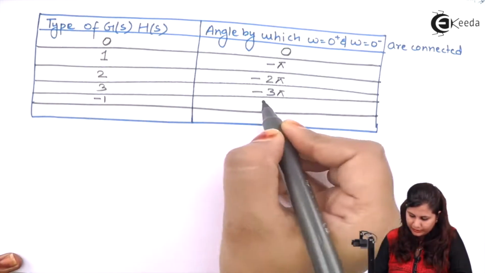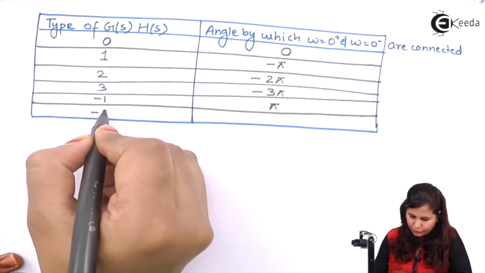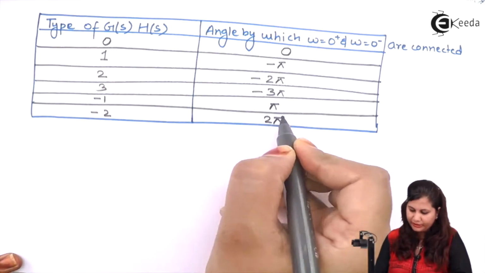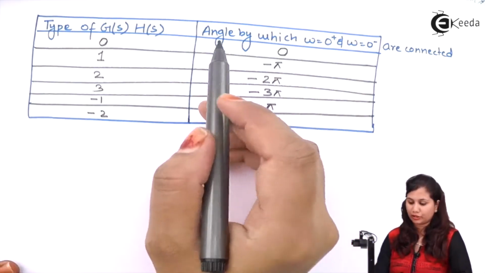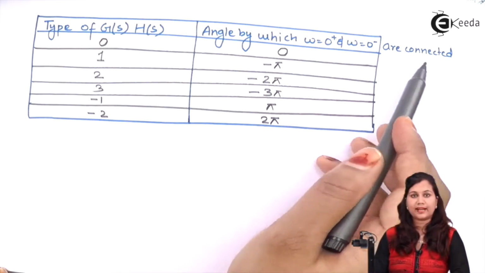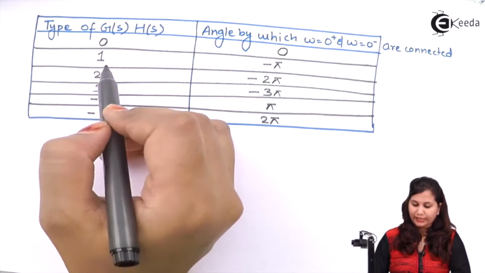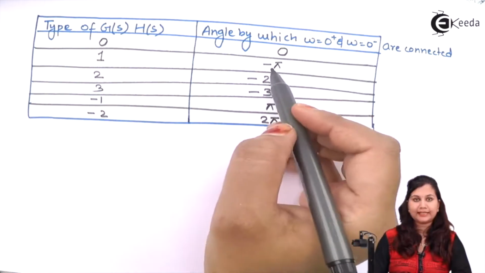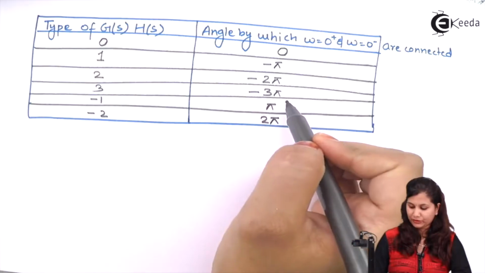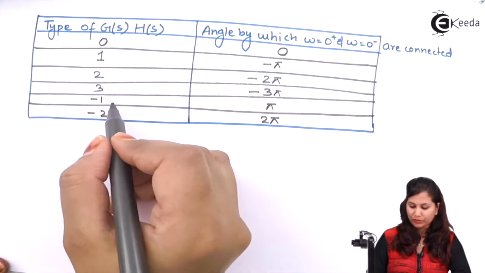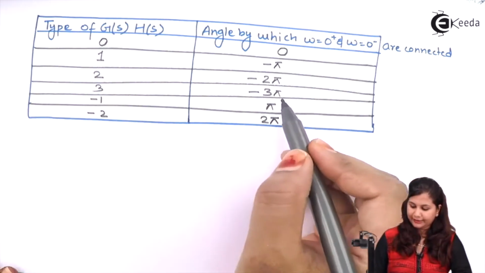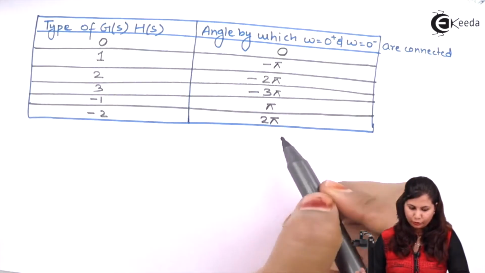For type -1 it is pi, and type -2, 2 pi. So in this way, the angle by which both the frequencies are connected is varying. That is, for type 1, type 2, type 3 systems, the angle is -pi, -2 pi, -3 pi, and for type -1, -2, the angle is pi and 2 pi.